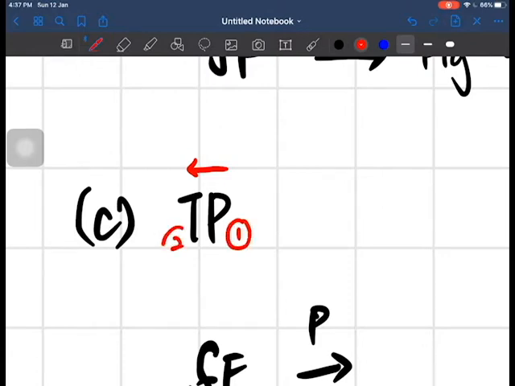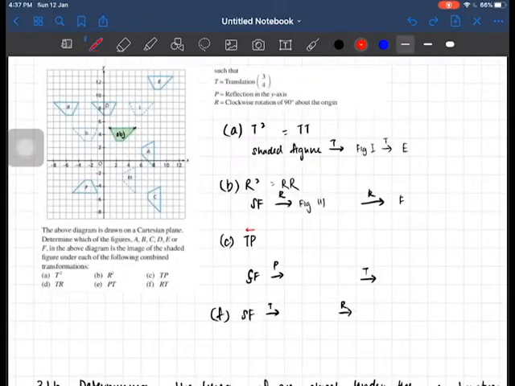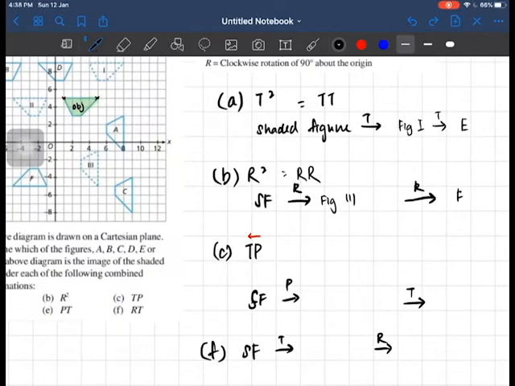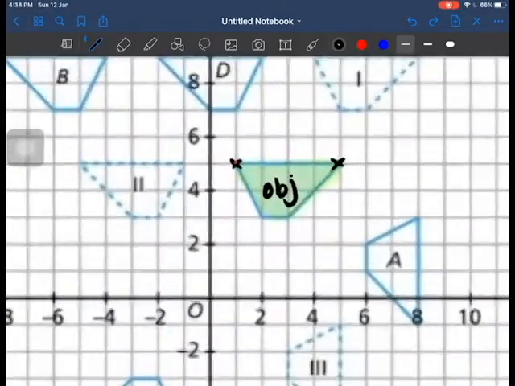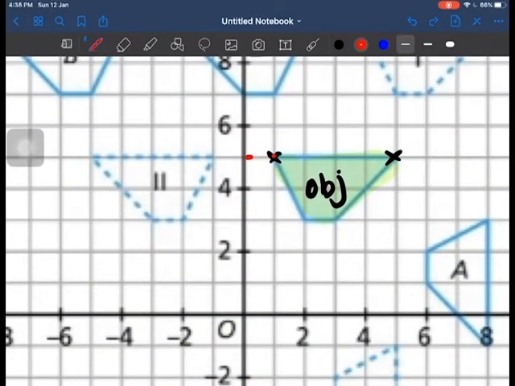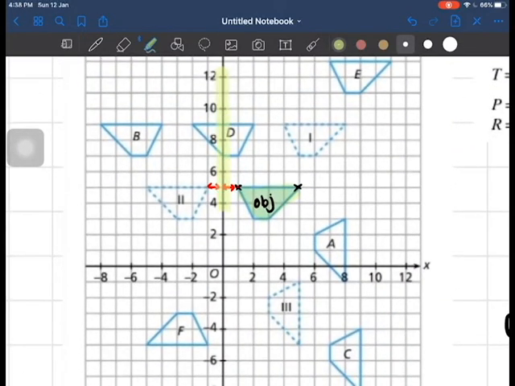So remember that. Alright. So the same object, first it undergoes P. What's P? Reflection in the y-axis. So reflection is where the distance is similar, and this is my y-axis, right? So my image would be figure 2.